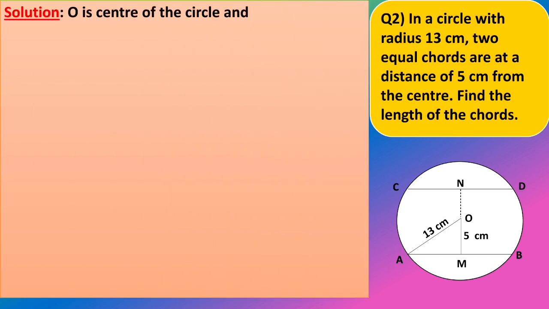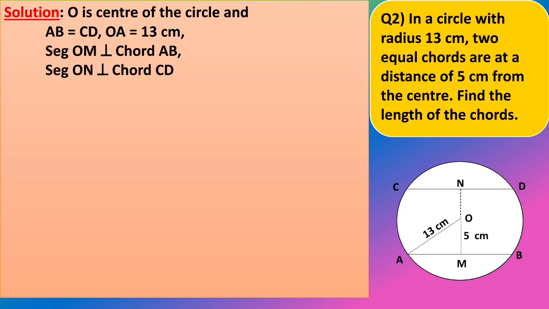Solution: O is the center of the circle and AB equal to CD is given, and OA, that is the radius, is given as 13 cm, and the distance between the center and chord is 5 cm. Here OM is perpendicular to chord AB and ON is perpendicular to chord CD. Both are 5 cm.